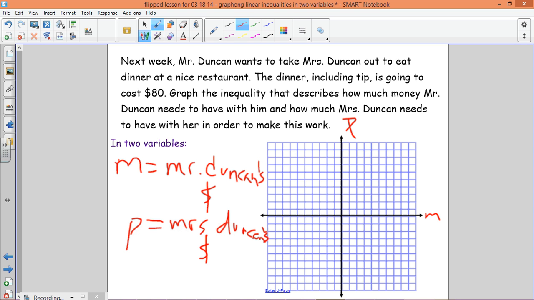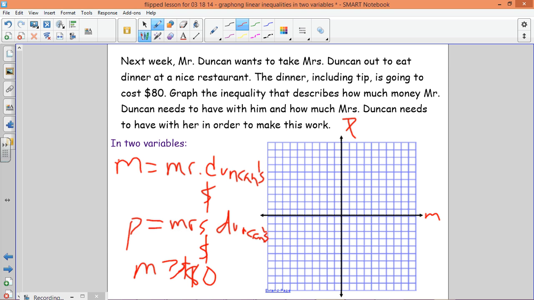It doesn't say anything about her having to pay for anything, so it really doesn't matter how much money she has. So my equation is going to be simply M is greater than or equal to 80. So there are two variables here, but it doesn't matter what P is. P can be anything as long as M is greater than or equal to 80.